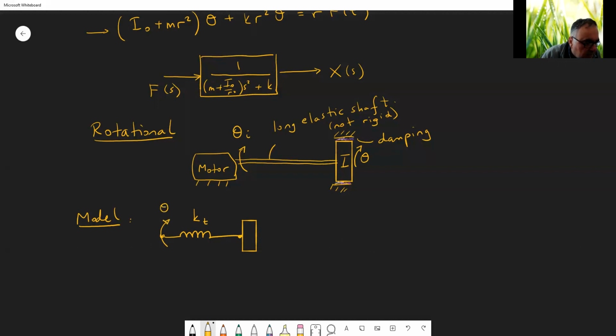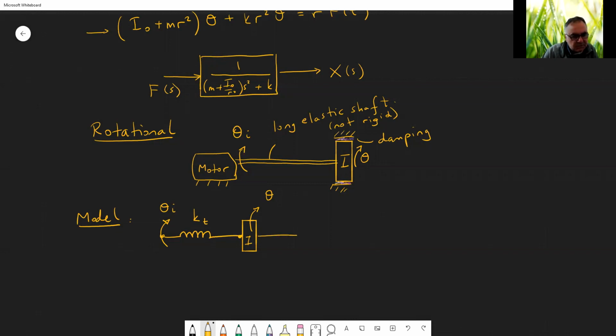This is theta I, the one end of the rotation. This end is theta, the rotation. Now between the ground and the inertia I, there is rotational damping.